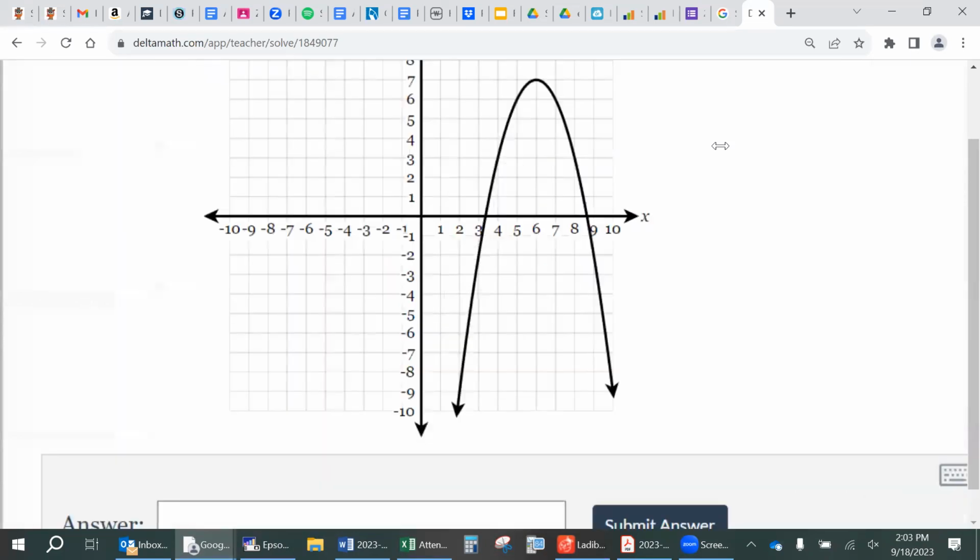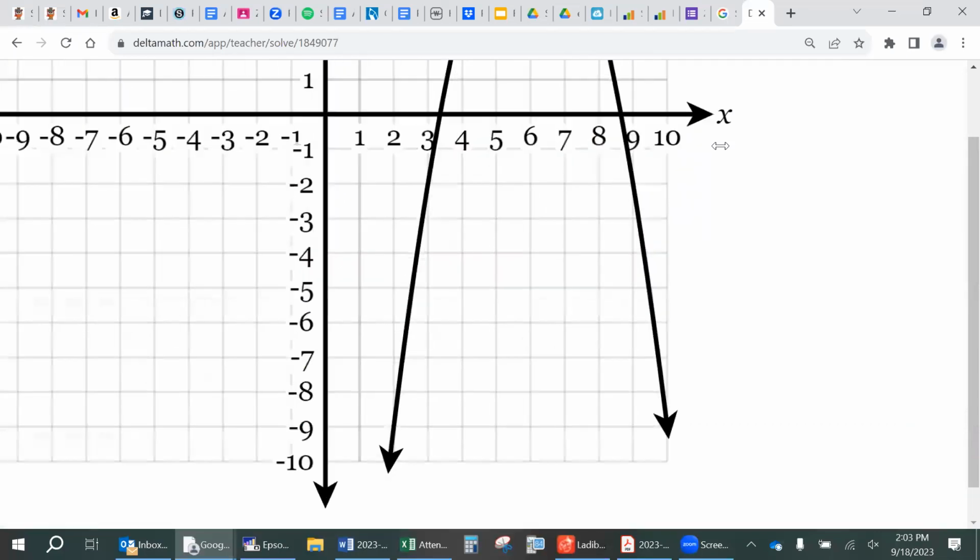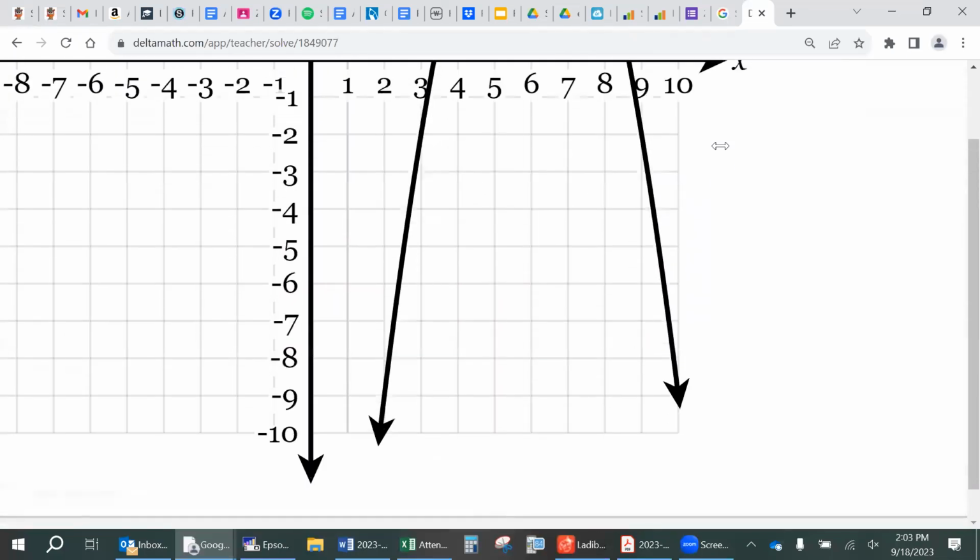Okay, a lot of kids in the other class were putting -8. Okay, but look, watch, it actually should be -9. So 2's here. As I trace down, that's your pretty point. So you need to put -9 for number 2. Okay. So it's 9 for number 1, -9 for number 2.